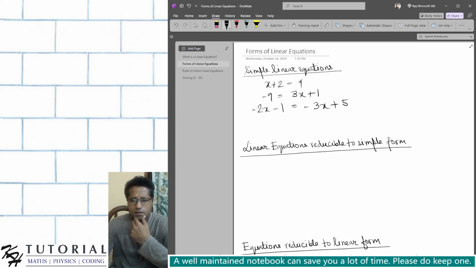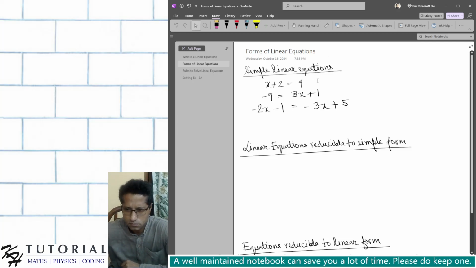First one is where the variable is on the left hand side, the right hand side is purely a number, a constant. The second one is that the variable is on the right hand side and the left hand side we have a constant number. And the third one is we have variables as well as constants on both the sides. So these were some examples of simple linear equations.